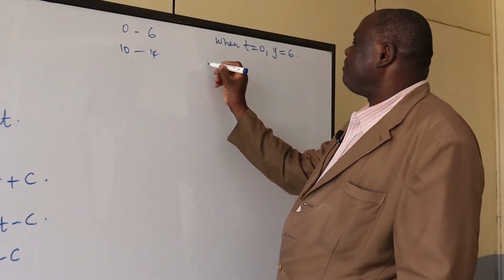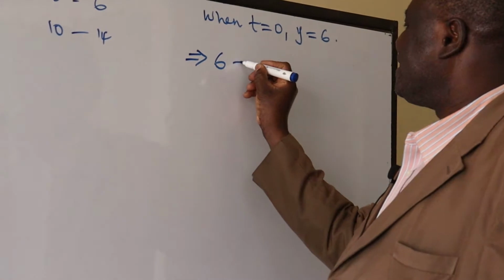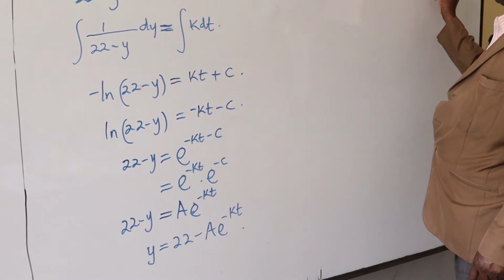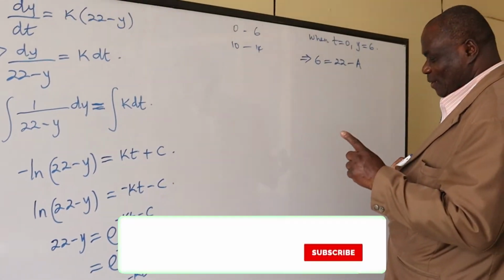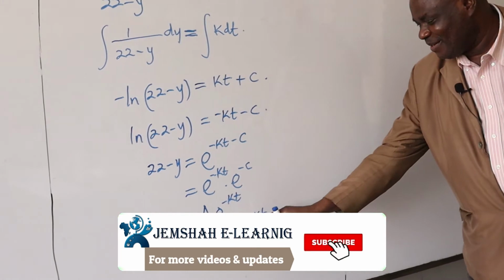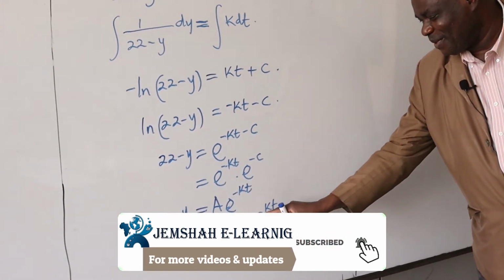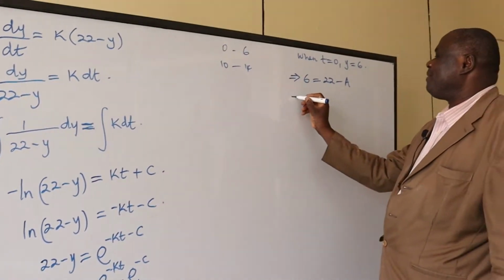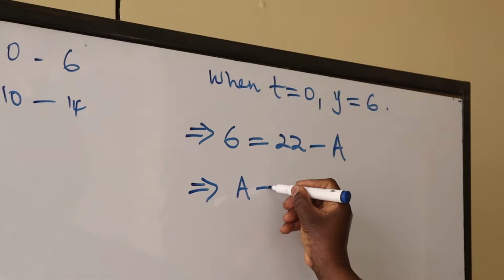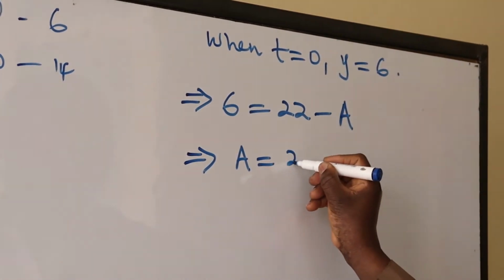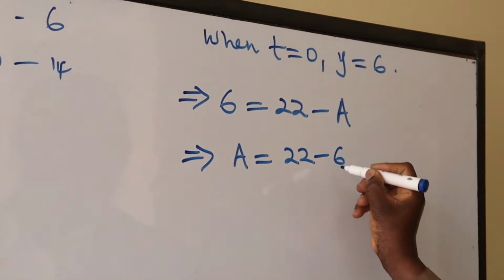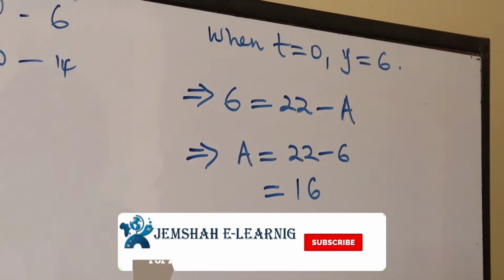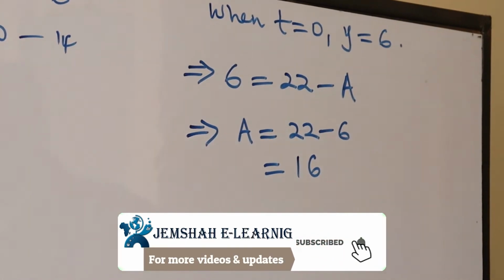So this implies what? 6 is equal to 22 minus a. When t is 0, e power k times 0 is e power 0, which is 1. So this implies our a will be equal to 22 minus 6, which gives us 16.